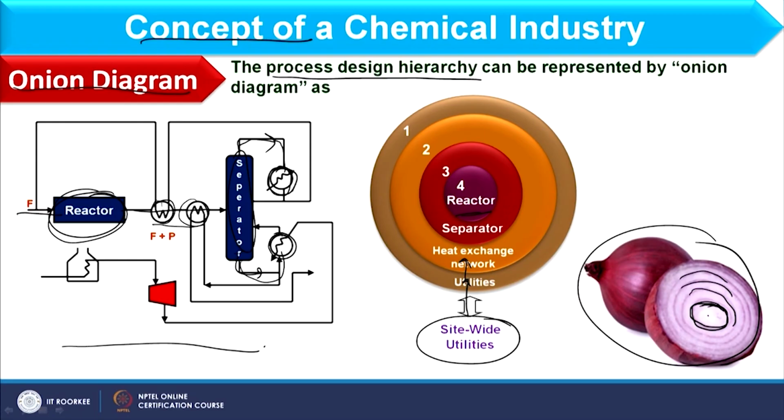Now what happens here, numbering, how I have given this numbering, as I have discussed that reactor is the core of chemical industry. Okay. So in discussion that comes first. But here number whatever I have given is the last number, because that would be the innermost part. When you peel onion, you first remove the uppermost part, then you keep on removing till you reach the core.